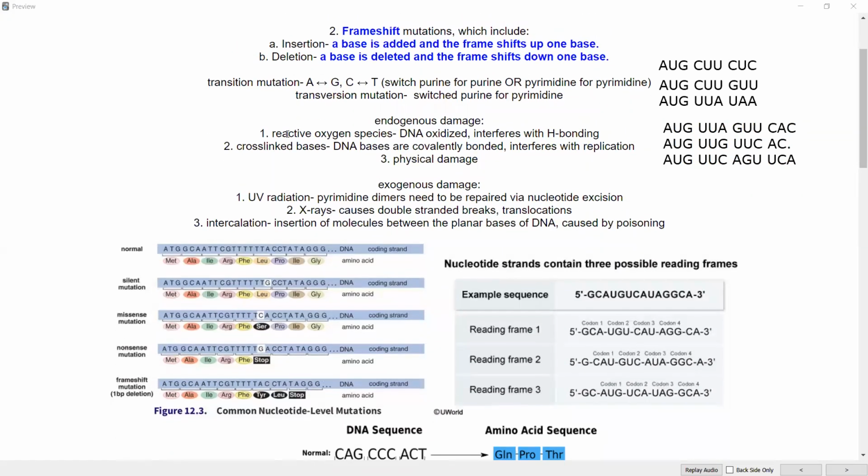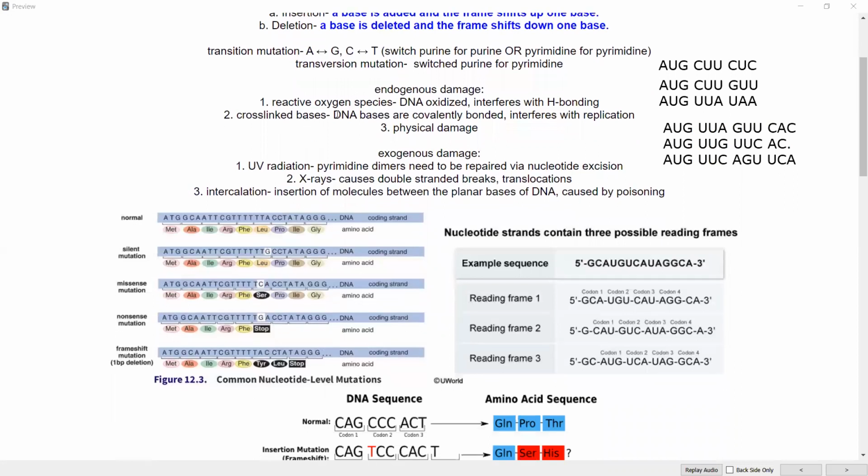We talked a little bit about the kinds of damage that can cause these mutations. If you have reactive oxygen species, if you have a high oxidation, like peroxidase and stuff, these have radicals on their oxygen, so they mess around with everything.